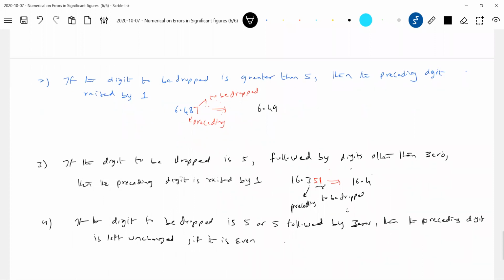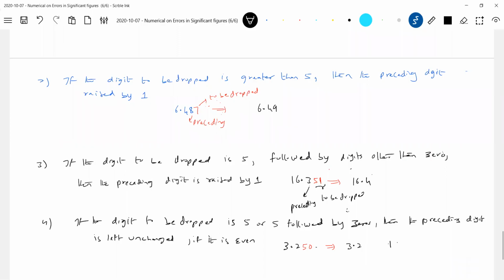Okay, example, let me take this one: 3.250. So what are to be dropped here? 5 and 0 are to be dropped here. So then this will become 3.2. Okay, I'll give one more example. This is a little bit difficult for you.